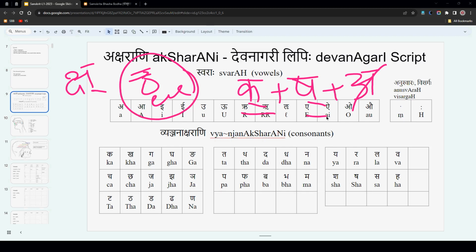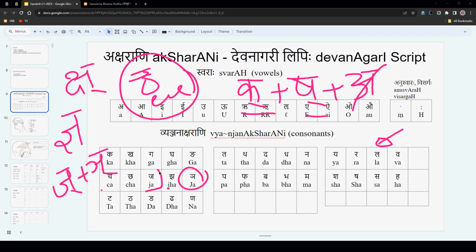But here it's a combination of ka and sh. So it is not counted as a separate Vyanjanam, because of the combination. Similarly, Jna is written like this, a combination of Ja and Nya. Where is Nya? Here. So it is a combination of Ja and Nya, Jna.